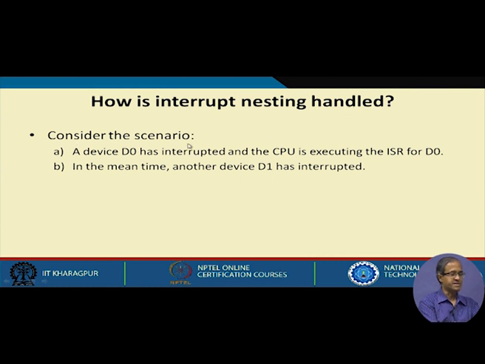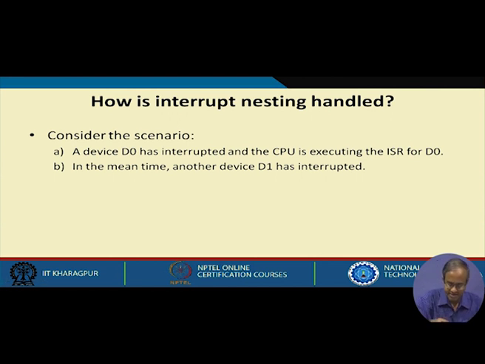Let us consider a scenario. Let us say a device D0 had sent an interrupt to the CPU, and the CPU is currently executing the corresponding ISR. Now, while this ISR is being executed, let us assume that another device D1 has interrupted.